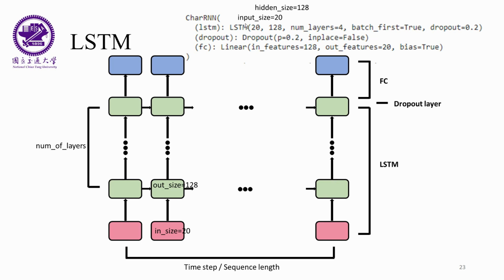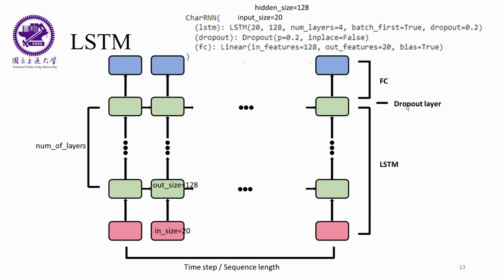We convert the input size from 20 to 128, so the red one is of size 20 and the green one has dimension 128, and the length of the neurons is called the time step, or sequence length.